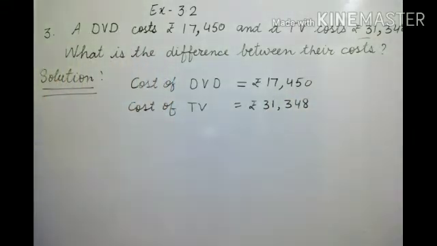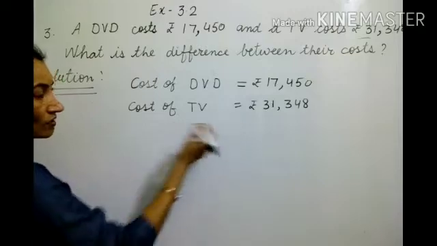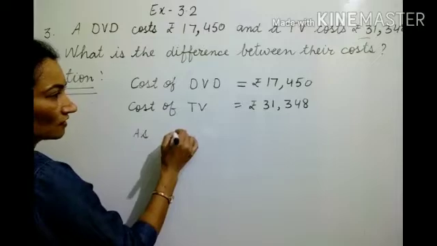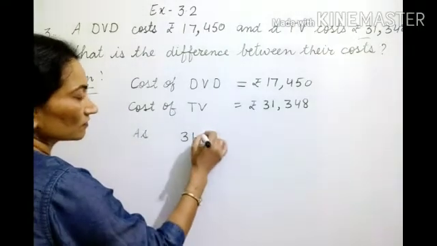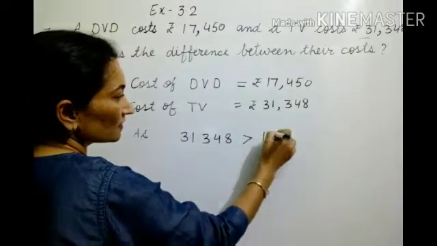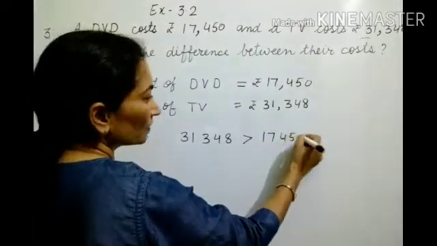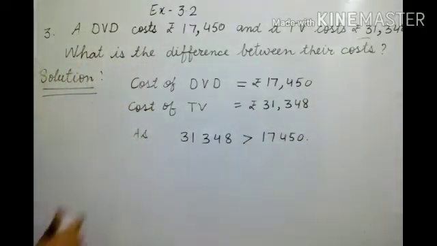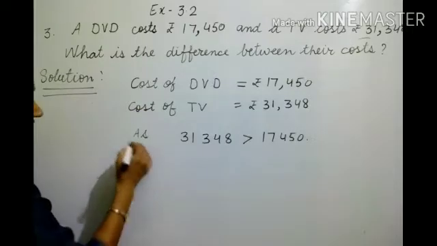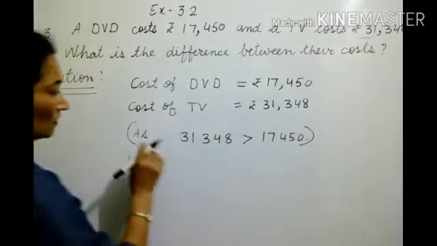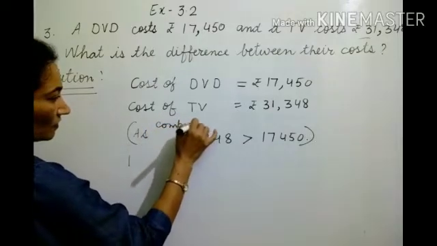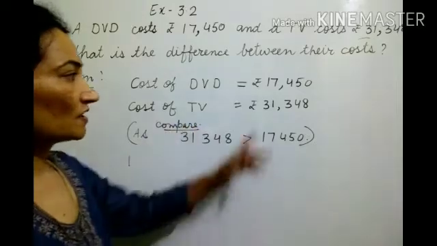Now we will compare both the numbers as 31,348 is greater than 17,450. So for difference you do the comparison, okay? Compare to find which number is greater.